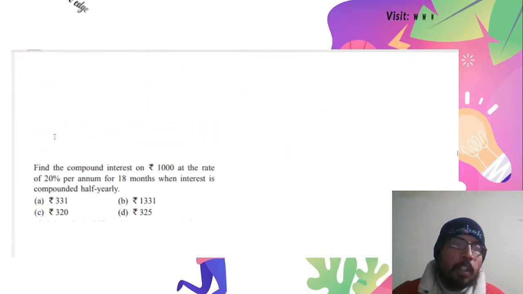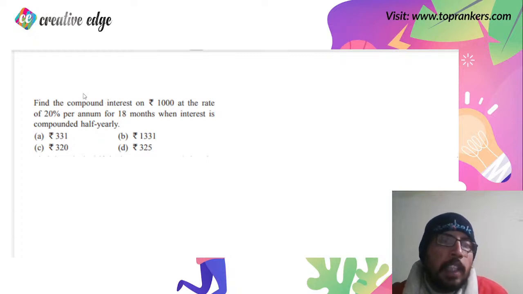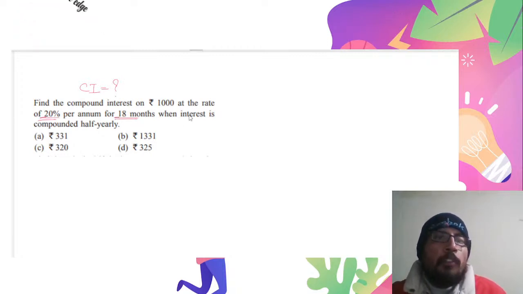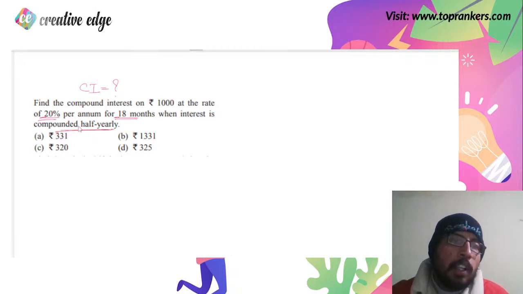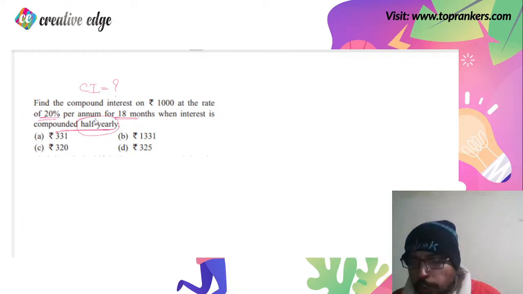Now, next question. Find the compound interest on 1000 at the rate of 25% per annum for 18 months when the interest is compounded half yearly. Again, this keyword half yearly was not mentioned earlier.